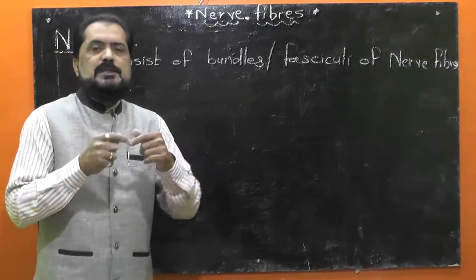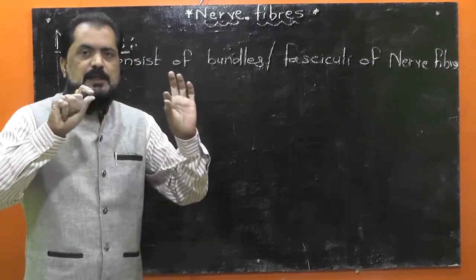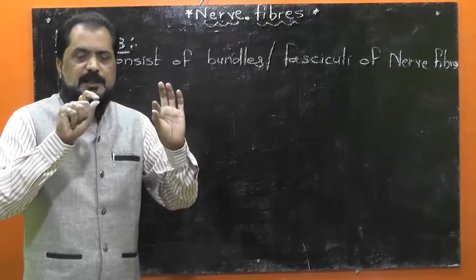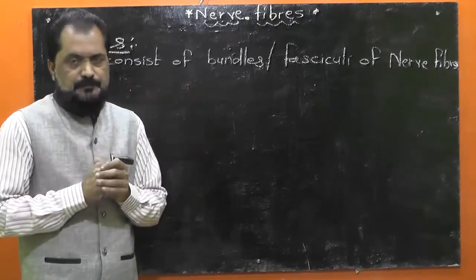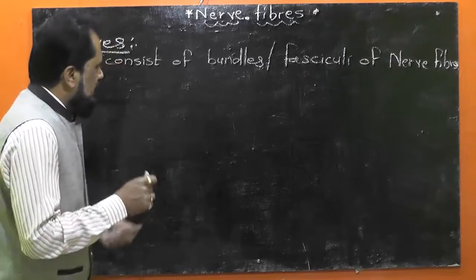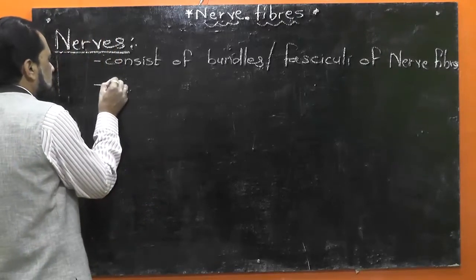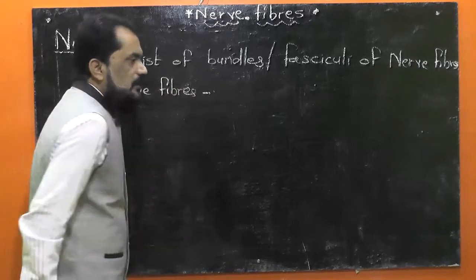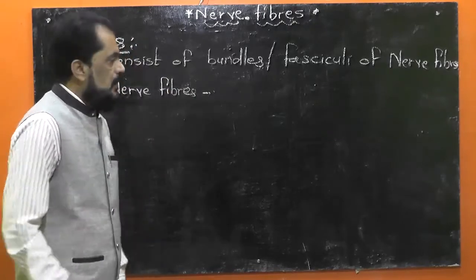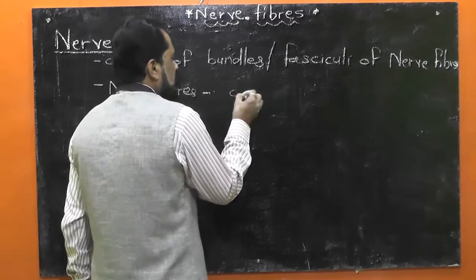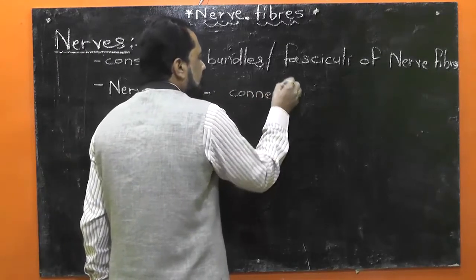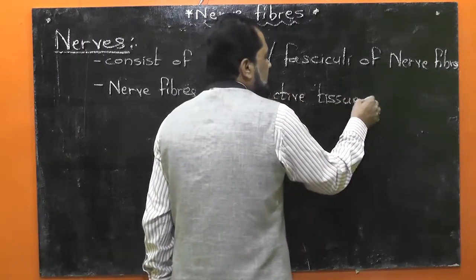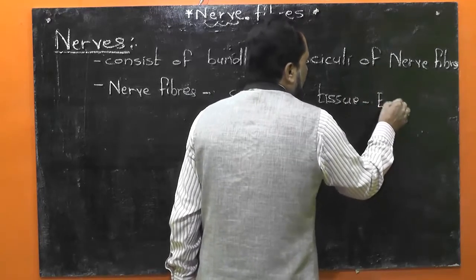Many bundles of nerve fibers together form this thick thread-like structure called the nerve. Mind well that the nerve fibers are held together. Many nerve fibers are held together by means of connective tissue known as endoneurium.